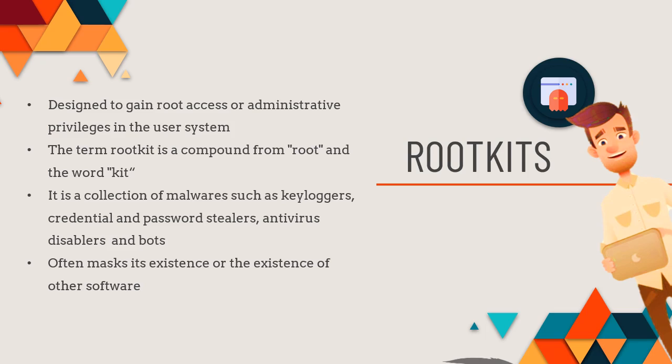Each time we install a particular program, administrator privileges are needed. A program that is designed to get this root access or administrator privileges on a user system is called a rootkit.